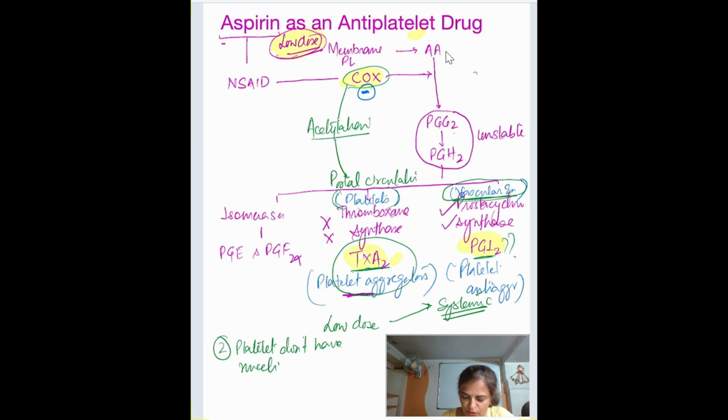There it may inhibit prostacyclin, but not up to the mark; even if it blocks, the vascular endothelial cells have nuclei, so they will synthesize new prostacyclin. On the other hand, platelets do not have nuclei, so thromboxane remains inhibited. So the net effect of aspirin in low dose is to inhibit thromboxane A2 while sparing prostacyclin.